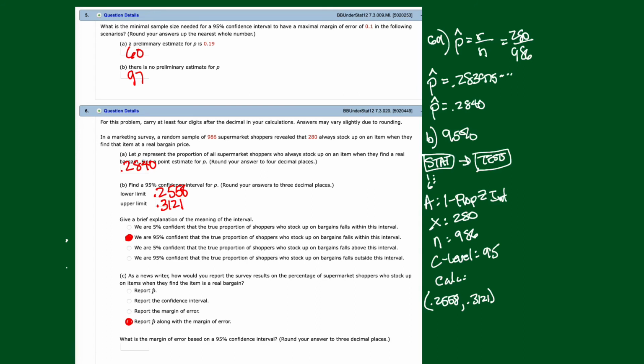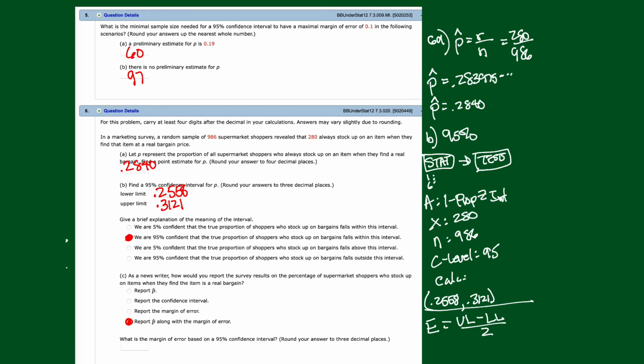Now there's one more part way down here at the bottom. It says this: what is the margin of error based on that 95% interval? Okay, so the margin of error, we can always get the margin of error by doing this. Let's just write E. The margin of error is always the upper limit minus the lower limit divided by 2, right?